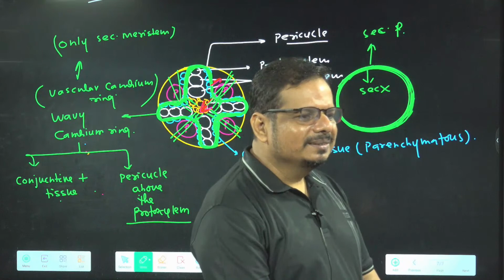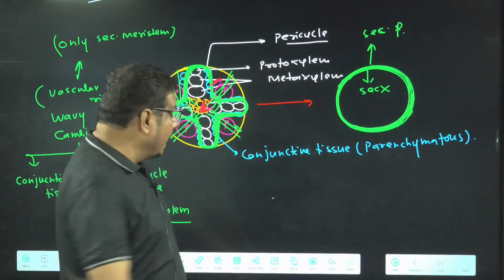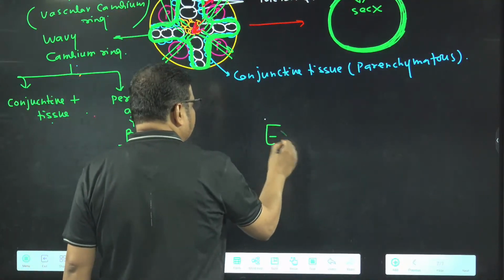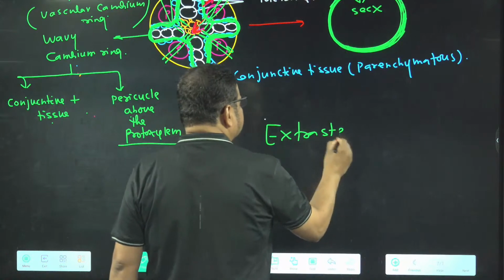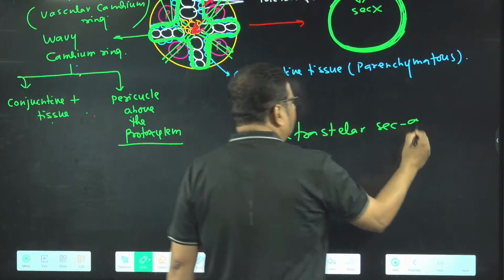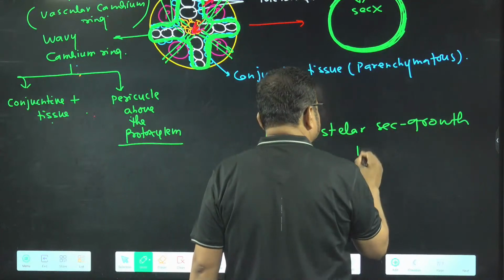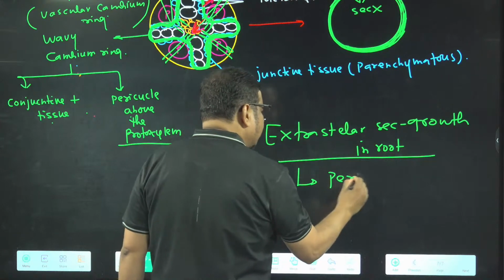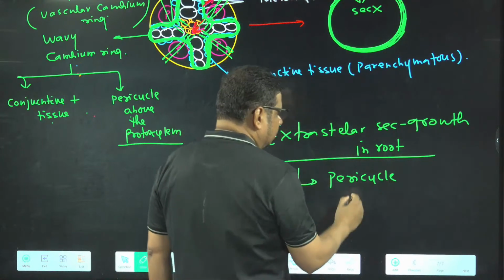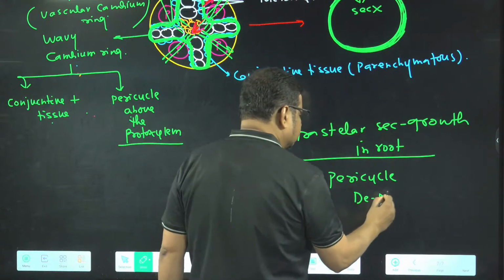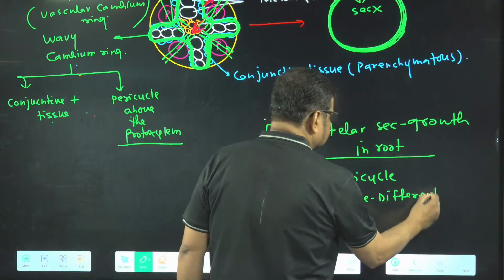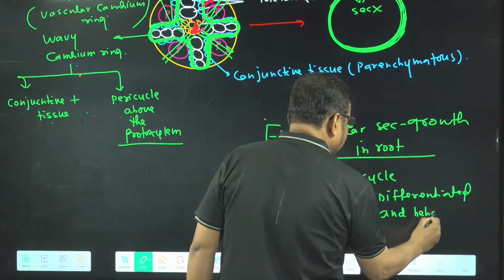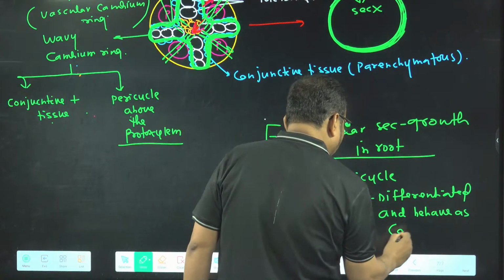Done? Over? Yes. Now I am telling you about extrastellar secondary growth in root. I will write only one line here. Pericycle de-differentiates and behaves as cork cambium.